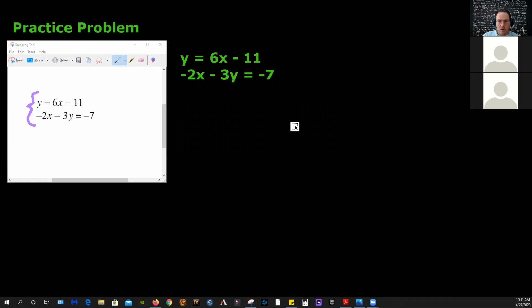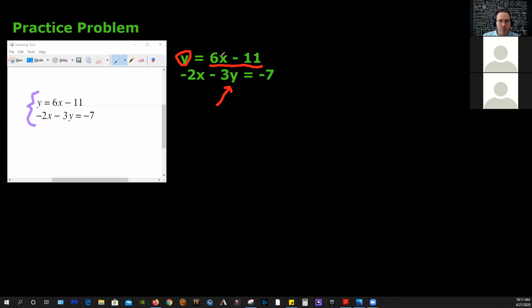We're going to take this part right here, because that's all equal to y, and we're going to substitute it in right here for this y. This is what you need to write down in your paper before we do any actual math calculations.